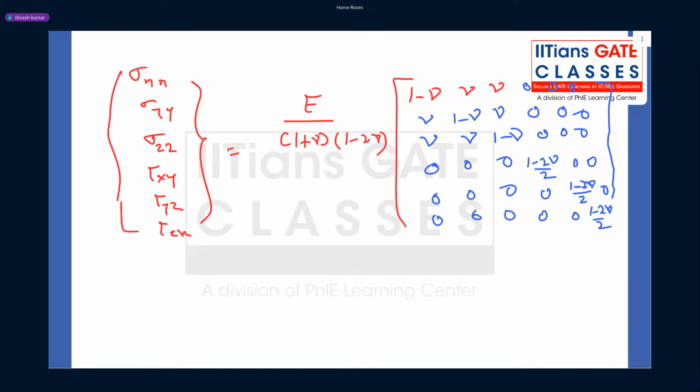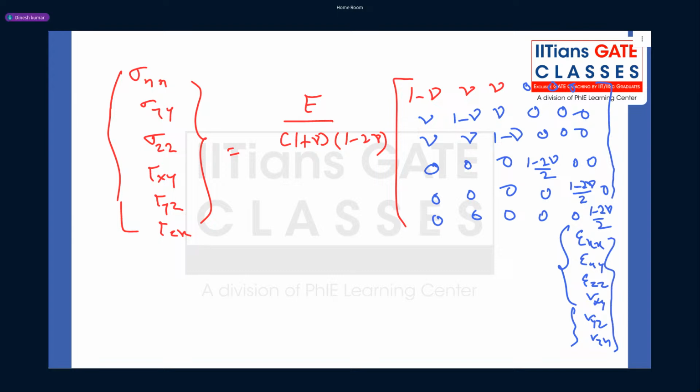Okay, this matrix is multiplied with epsilon xx, epsilon yy, epsilon zz, then gamma xy, gamma yz, gamma zx. Clear guys, is this clear?